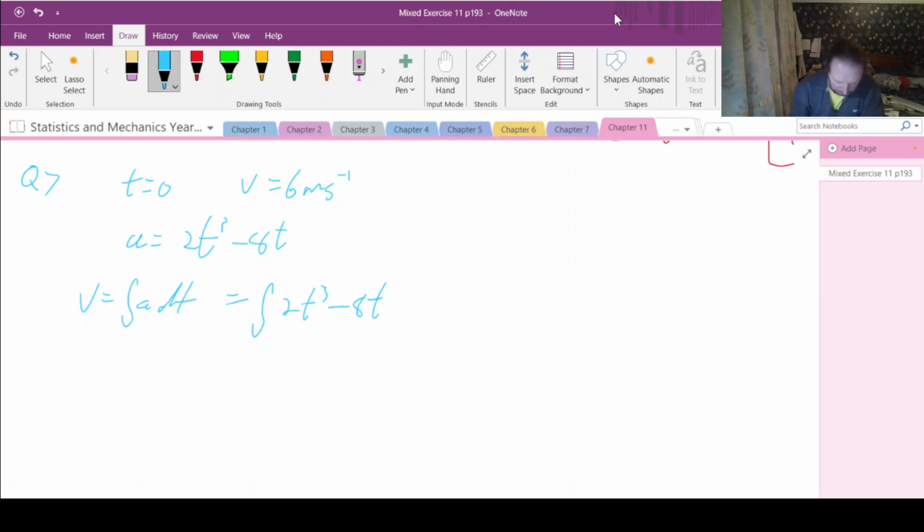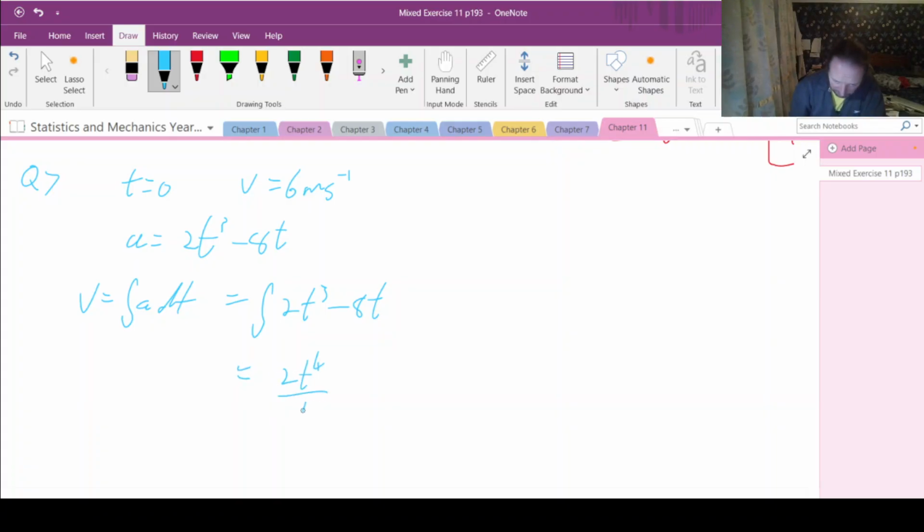Integrating that, we increase the powers, so that equals t to the power 4, divided by 4.